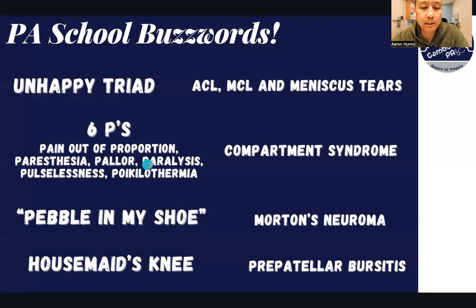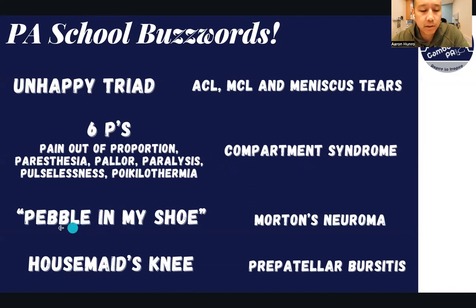They have numbness, they have tingling, they can't feel below where they're getting hurt, and changes in temperature as well. This is typically with a long bone fracture or some type of trauma to where the different compartments are swollen and it's cutting off blood supply and circulation, and compressing on the nerves as well.